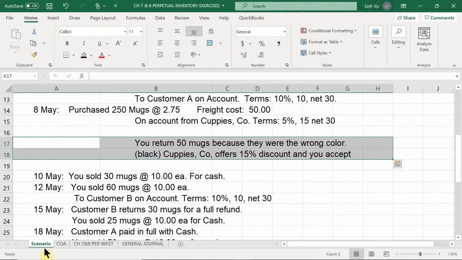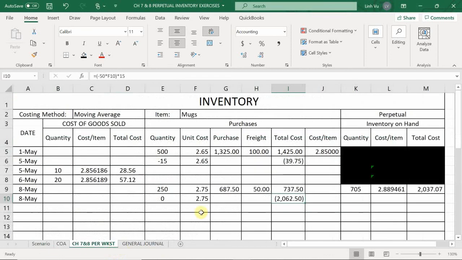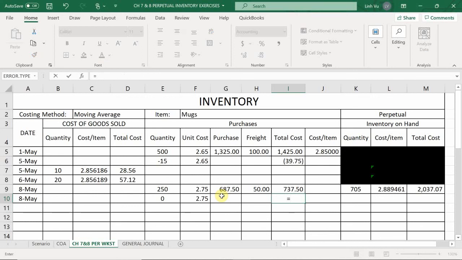You're getting a 15% discount by refunding 50 of those brown mugs, which cost us $2.75 each. So in this case, my number should be $20.625. No? That's a discount on the 50.